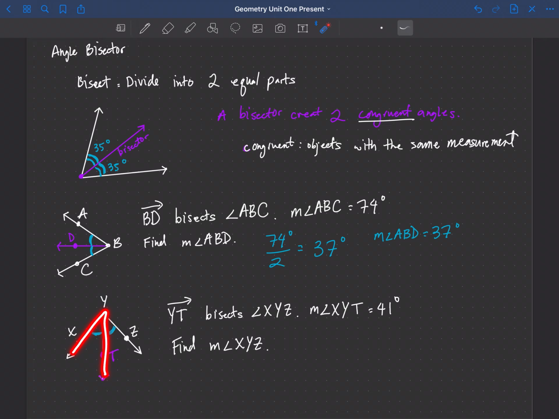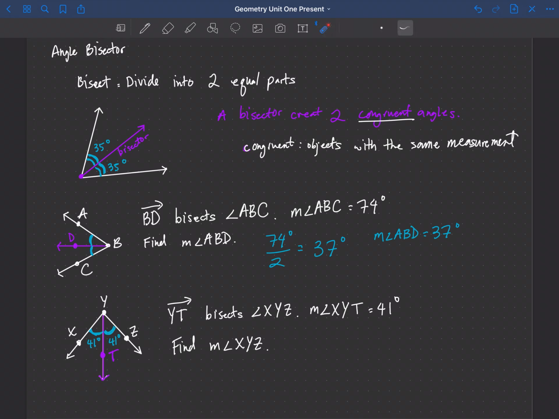XYT. Okay, so that means we have this as 41 degrees. Now, since 1/2 is 41 degrees, the other half will also be 41 degrees.